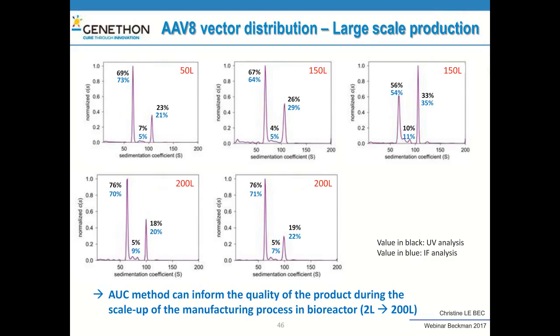You can see on this slide that we have run different batches of the same product at different scales, 50 liters, 150 liters, and 200 liters. The AUC gives you the profile of your vectors, and it can give you information about the manufacturing process when you scale up.